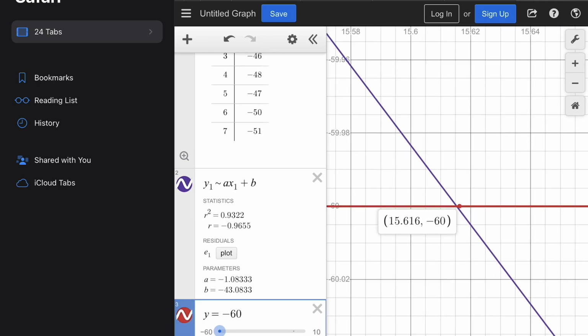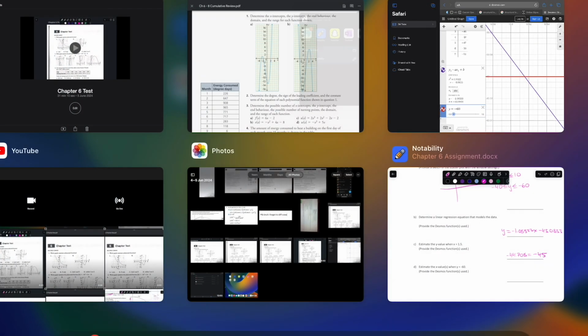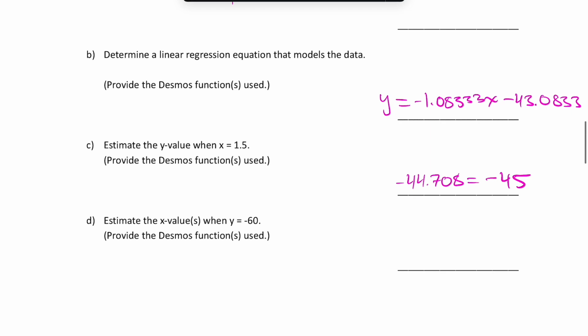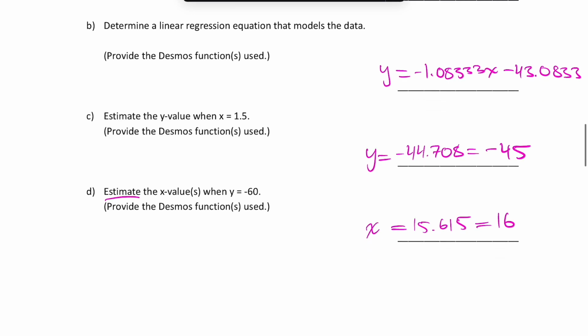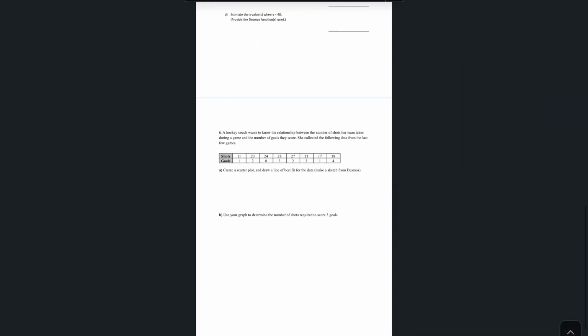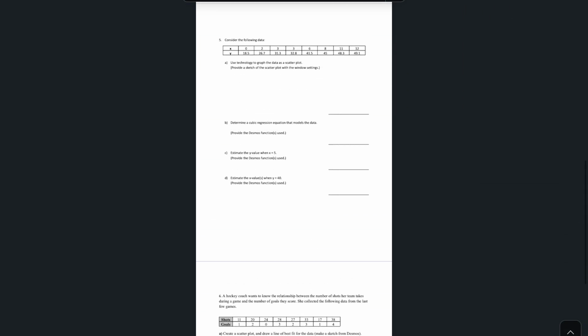Okay, it's not showing me when they intersect. 15.615. Usually it puts a dot there, but whatever. And again, it says estimate, so we'll just round up. 16. Sweet. Okay, and we've only got a few left to go.